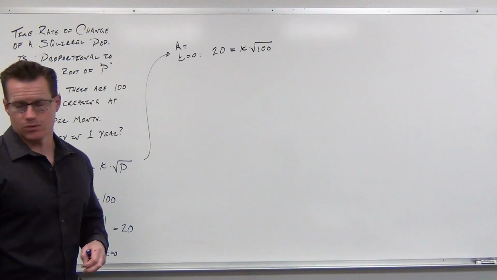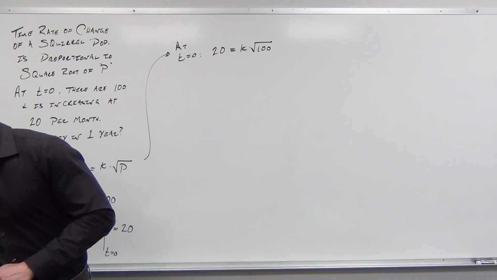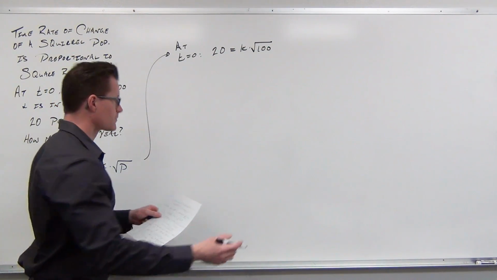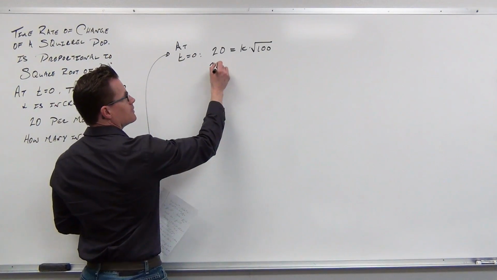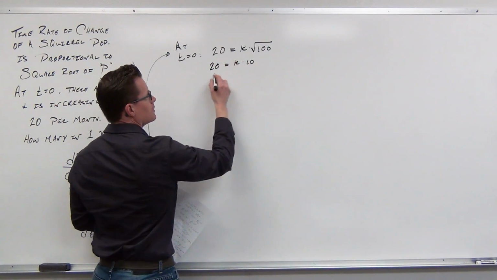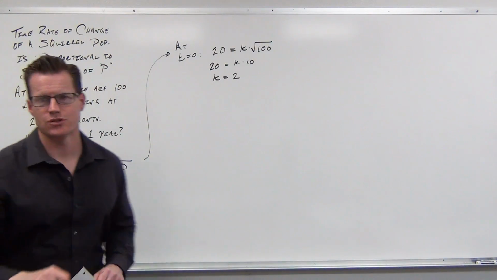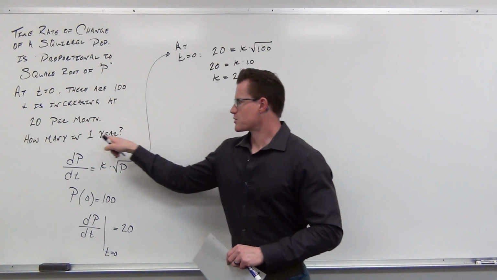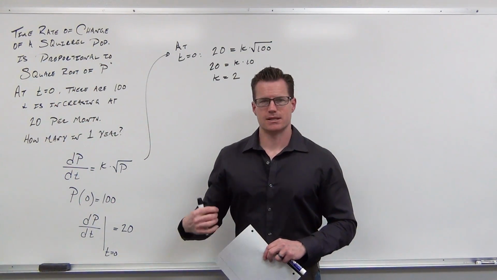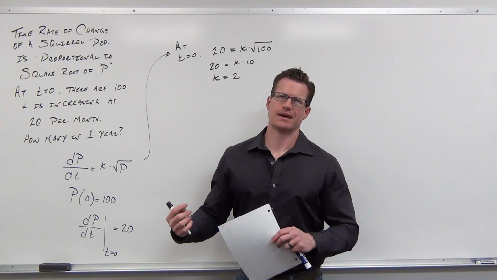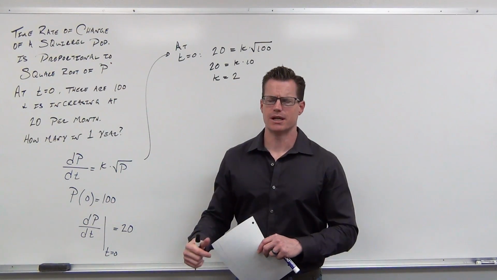We're going to get k equals 2. So that's kind of nice, because that lets us change this original differential equation into something that doesn't have the arbitrary constant, that constant of variation in it.